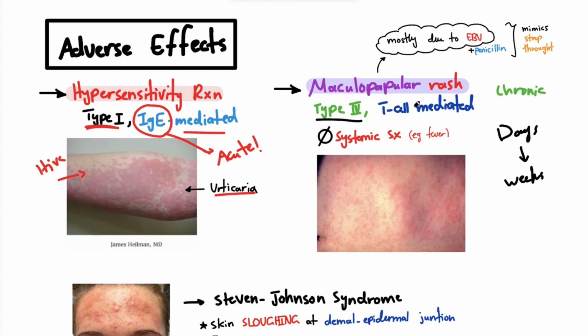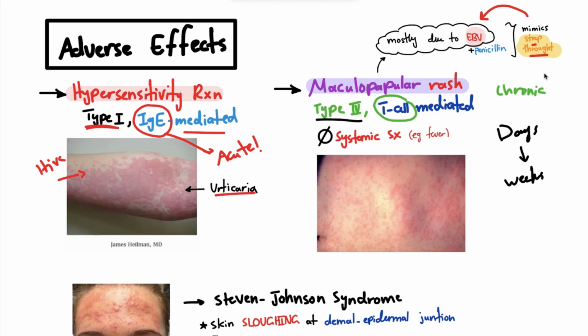It is T-cell mediated, and the typical scenario for the maculopapular rash is that a patient would present with a clinical scenario that is very similar to a strep throat. However, this is actually confused with EBV. EBV pharyngitis mimics strep throat to the extent that a lot of doctors would confuse that.